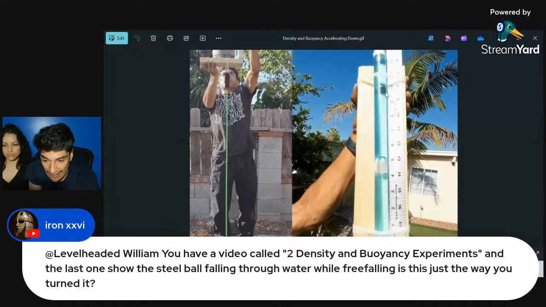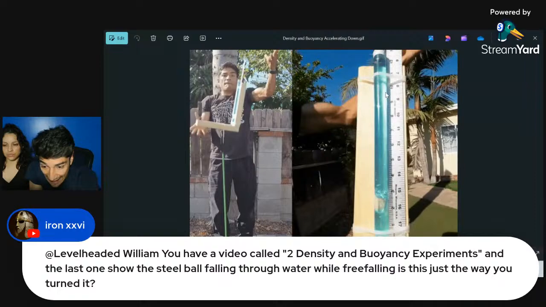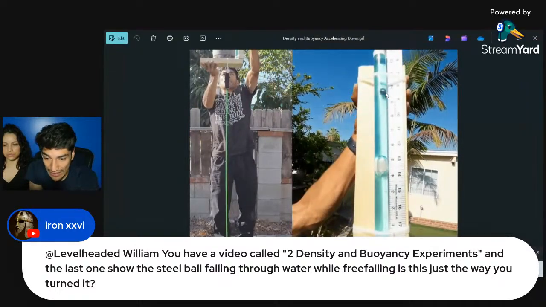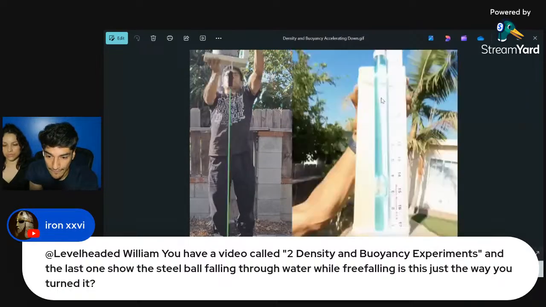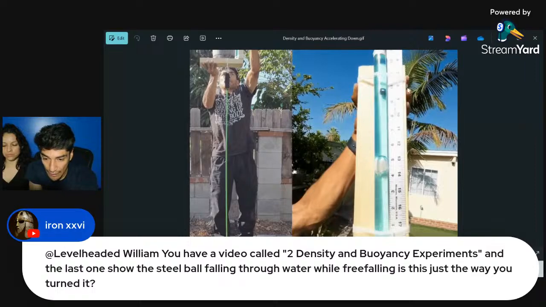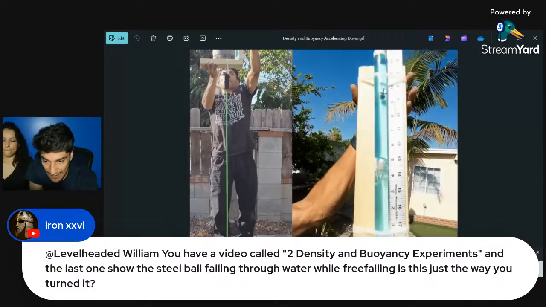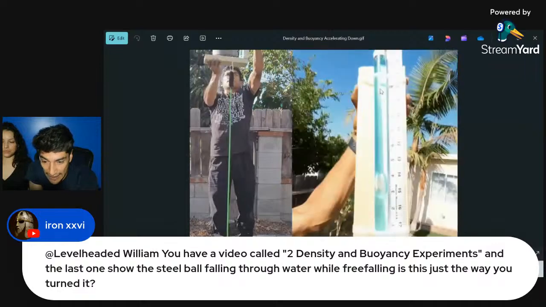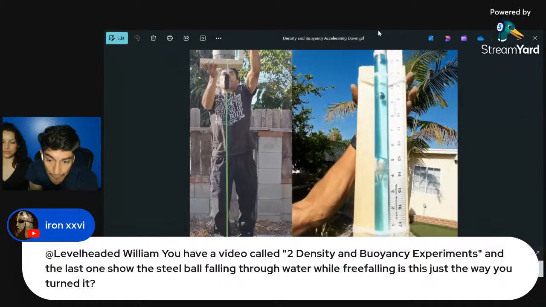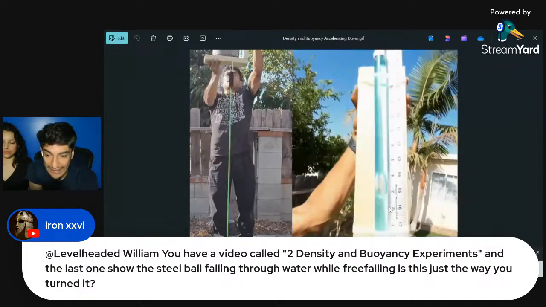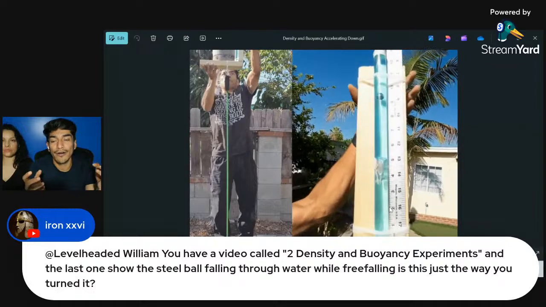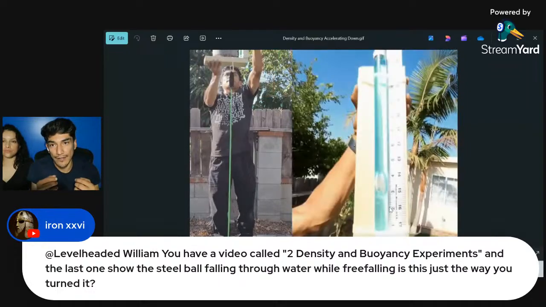That motion, that force down, is what inverts density and buoyancy. So if there was an actual acceleration down like there is here, we would see this displacement: the steel ball appearing to move in the opposite direction of the air bubble, that separation of matter relative to the direction of the acceleration.